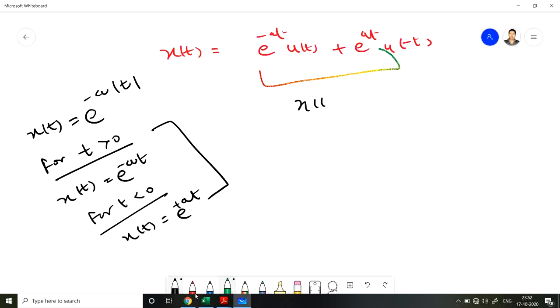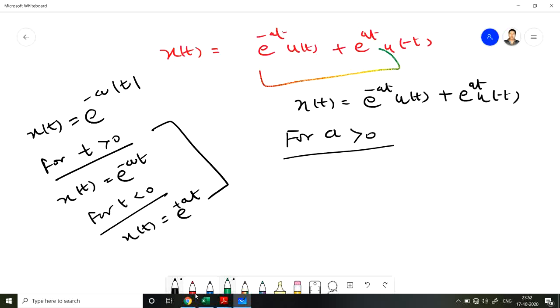So x(t) is e raised to the power minus at into u(t) plus e raised to the power at u of minus t. Now we can find the Laplace transform for this signal. We can consider both cases. For a greater than 0, let us plot the signal.